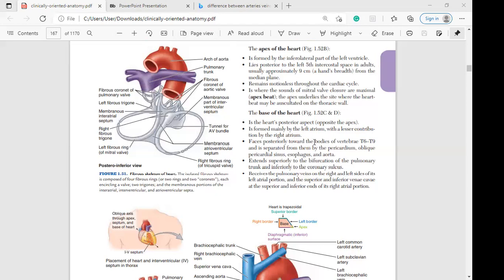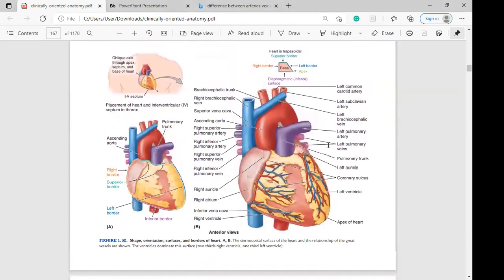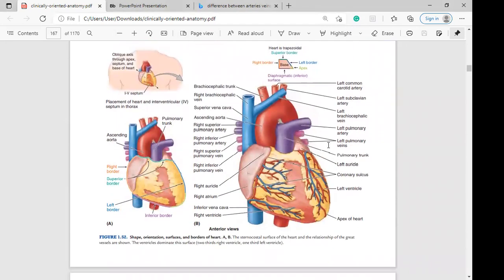So when you look at this picture, this is the right atrium. A little part of the right atrium contributes to the base of the heart, while the main part is the left atrium. So here you find the left atrium.